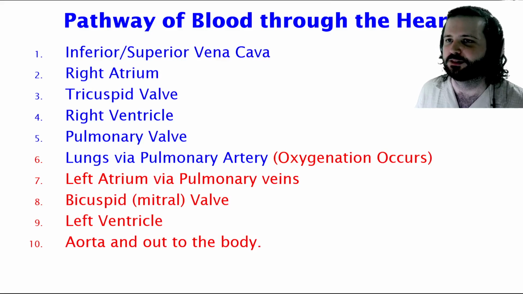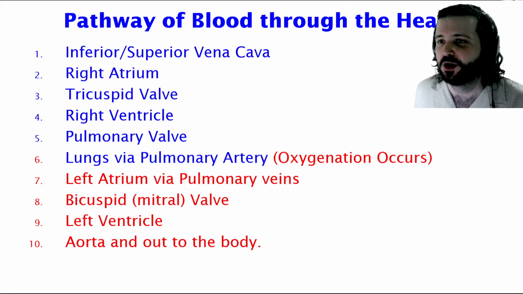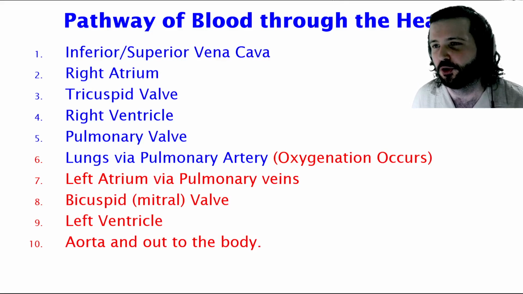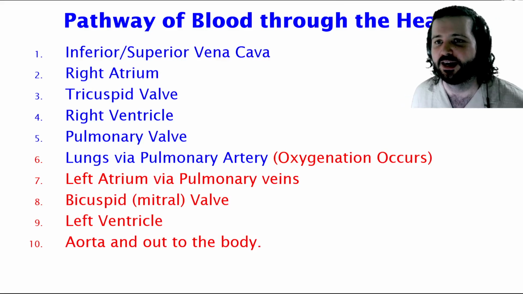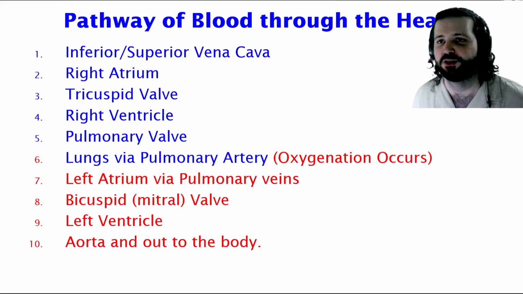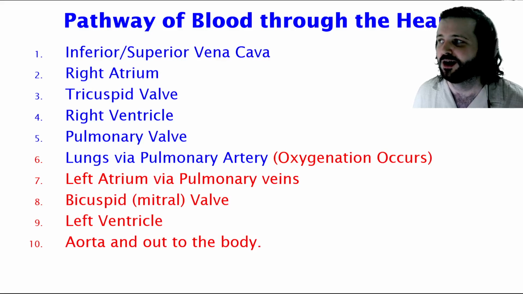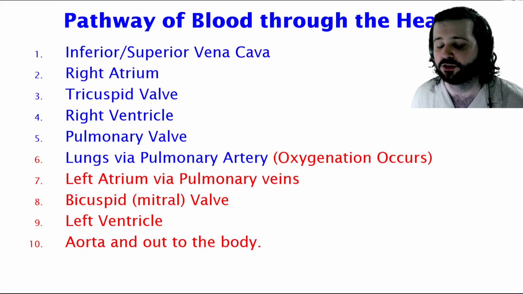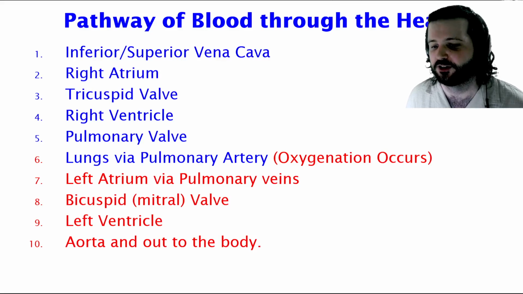Once you get to that EMT level, it's one of those things that can really help you. There are quite a few conditions where if you know the actual pathway of blood through the heart, you can pinpoint and say, oh, this person's heart is failing on the right side because I see blood backing up into their legs. Or I hear liquid in their lungs, so their heart is failing on their left side.